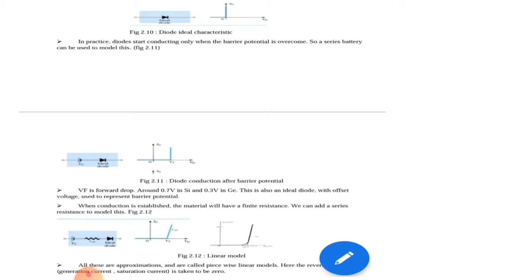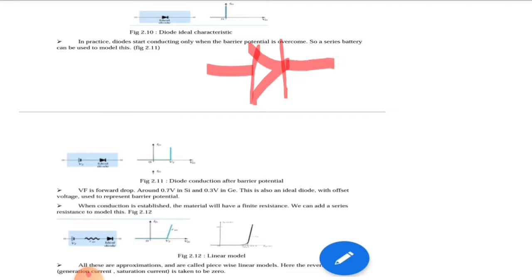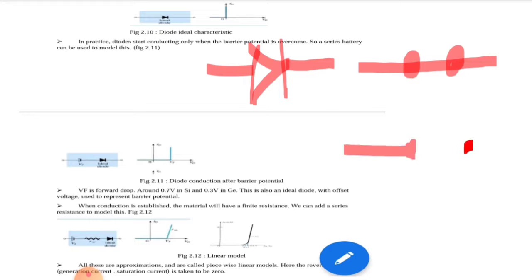It's either a closed switch, meaning current flow is possible under forward bias, or open under reverse bias. The simplified model and approximation works for some applications. You can see here the diode drawn like this, acting as a switch: under forward bias it will act as a closed switch, under reverse bias it will act as an open switch.